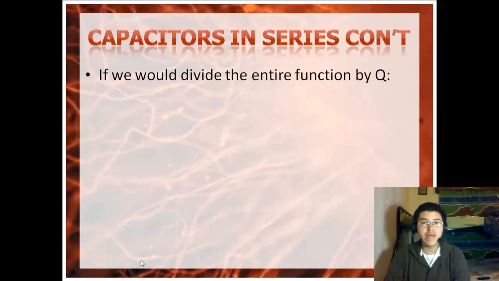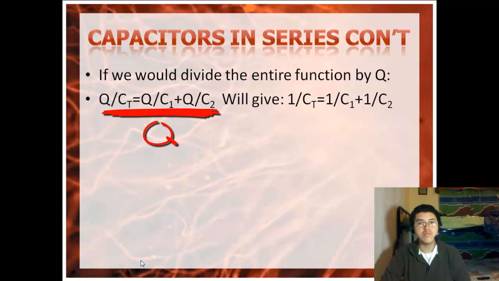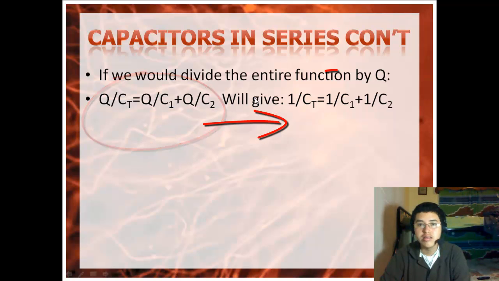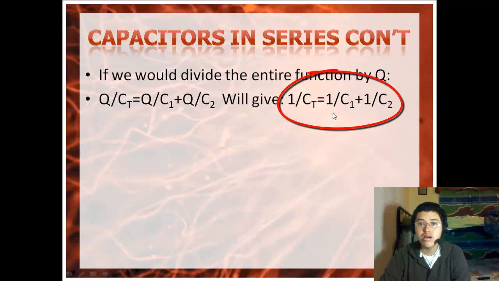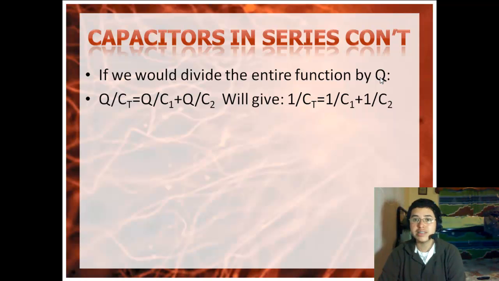And if you divide both sides of the function by Q, we would get 1 over C equals 1 over C1 plus 1 over C2, which is 1 over the total capacitance equals 1 over the first capacitance plus 1 over the second capacitance.